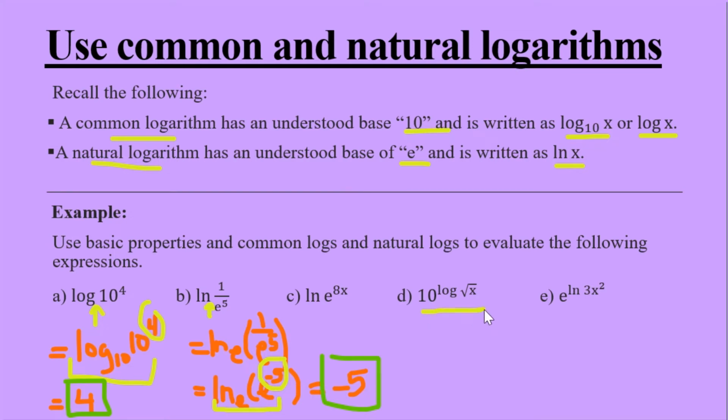Alright, in the next example here we have 10 raised to the log of the square root of x, where we can see no base is there, but we know the understood base that goes with the log is base 10. So we can simply rewrite it with that base 10 there.